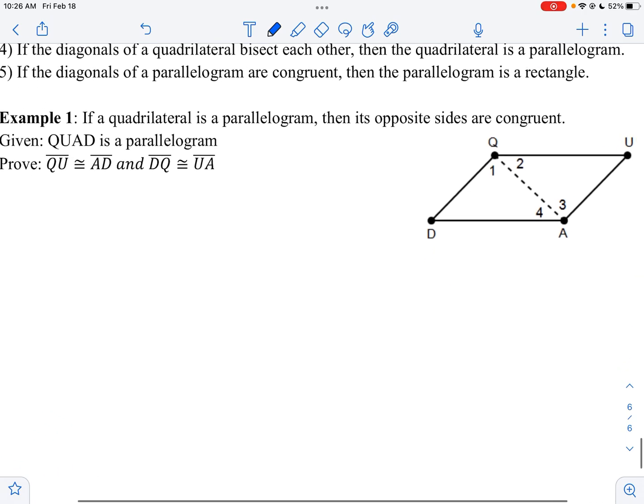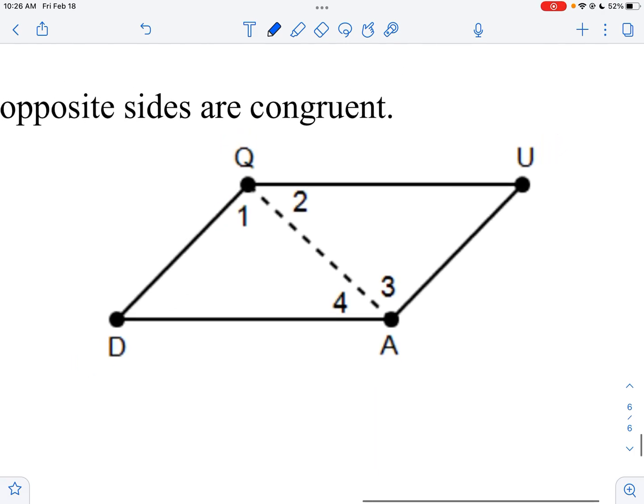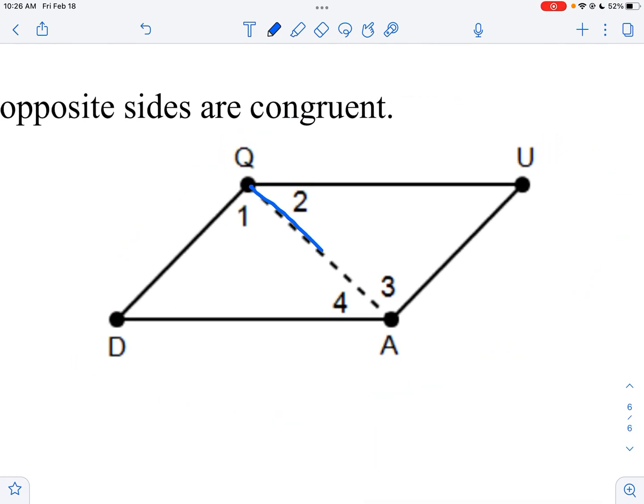Let's take this first example as our first example. We're trying to prove that opposite sides are congruent. Well, if you take a parallelogram and you split it across a diagonal here, that makes two different triangles. And since it's a parallelogram, we can use the fact that opposite sides are parallel. That's the definition of a parallelogram.